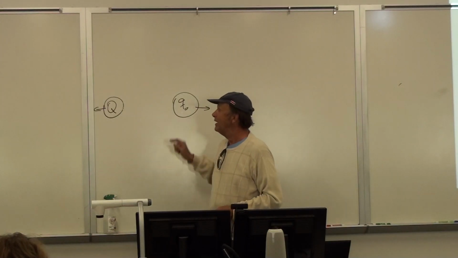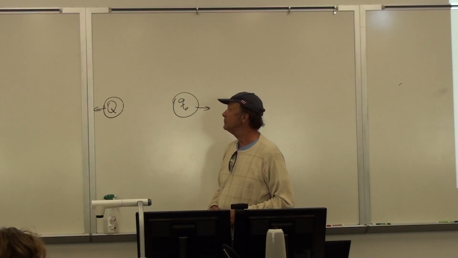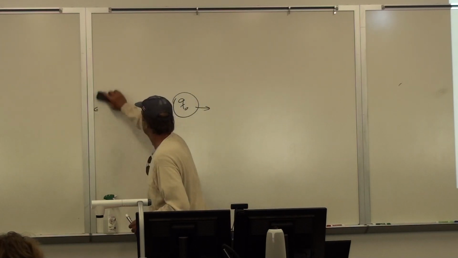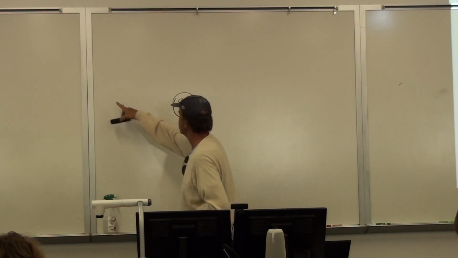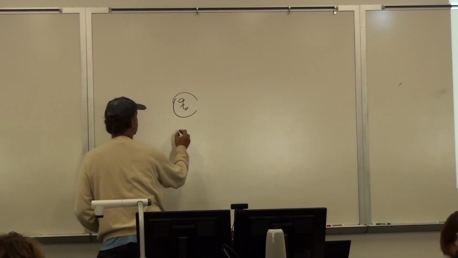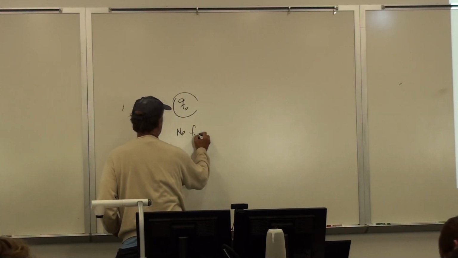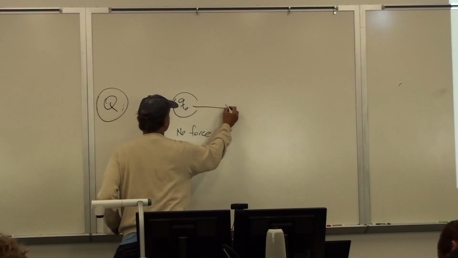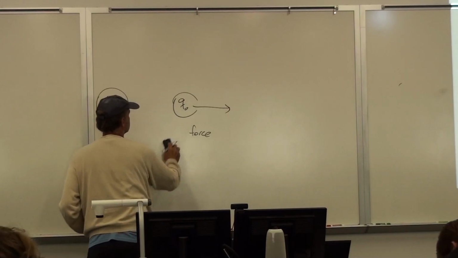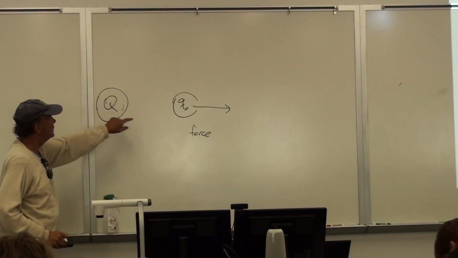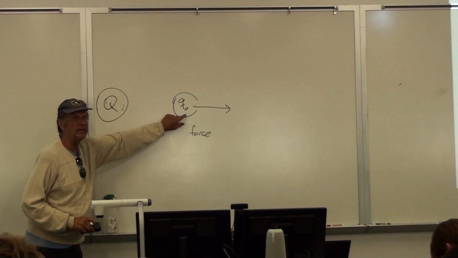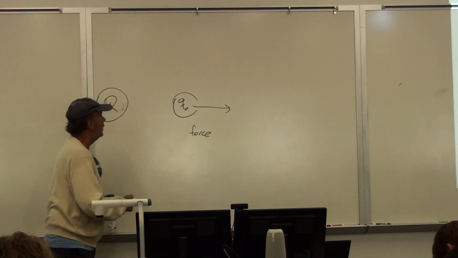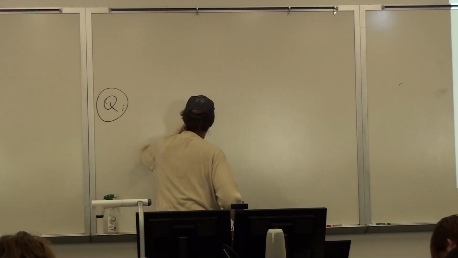But another way of thinking of this is just in terms of there must be a disturbance in the space. Because if this charge weren't there, there'd be no force. But then we put that charge there, now there's a force. So there must be something about the property of the space right here that is being altered by Q. And we call that property of the space the electric field.